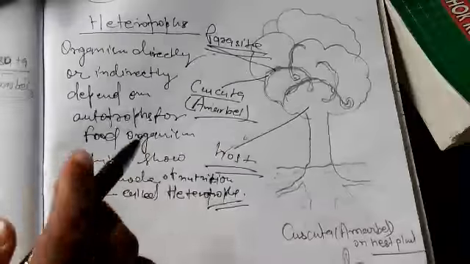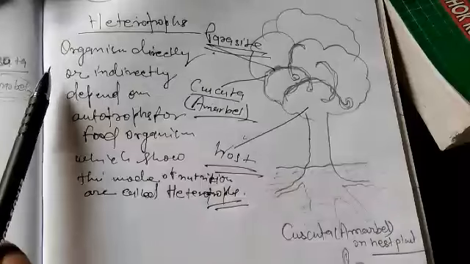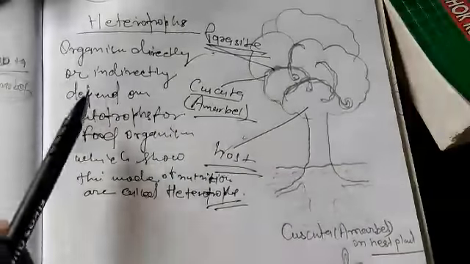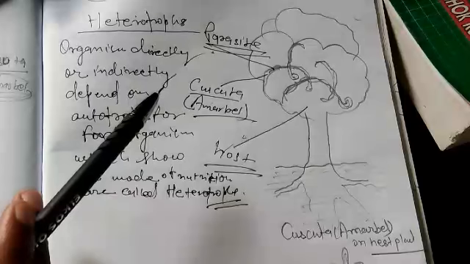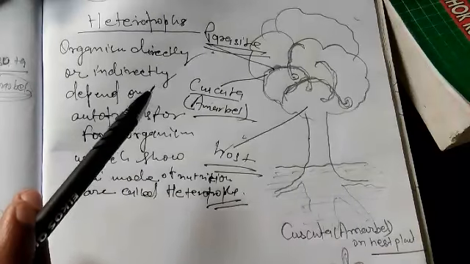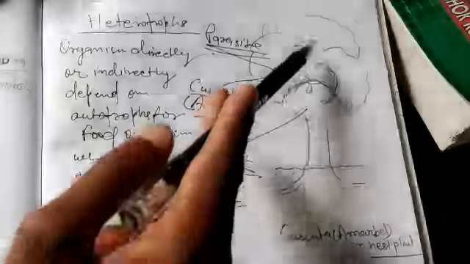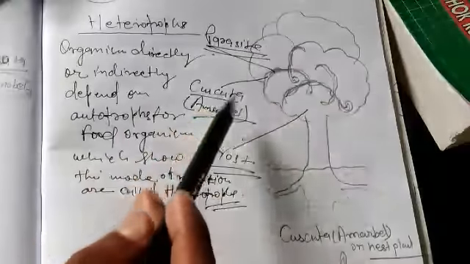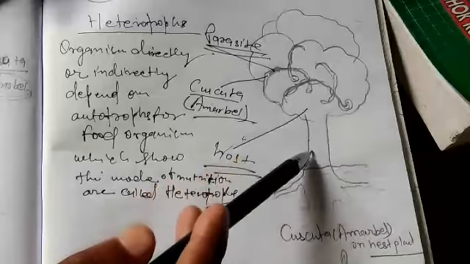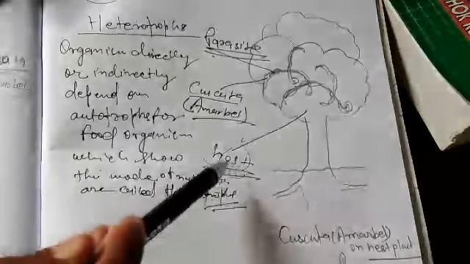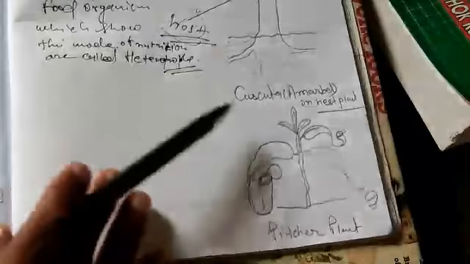Again, you can define heterotrophs as organisms that directly or indirectly depend on autotrophs for food. Organisms which show this mode of nutrition are called heterotrophs. Now in the pictures, you saw the Cuscuta is the parasite, and the host plant is known as the host plant. Now we again see other plant figures.